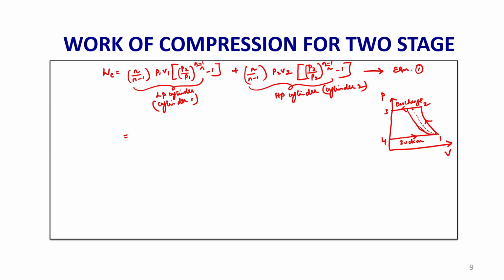So, there are three lines here I am marking. Let this be 2 dash, and let this be 2 double dash. Let me redraw this one, because the letters are not clear.